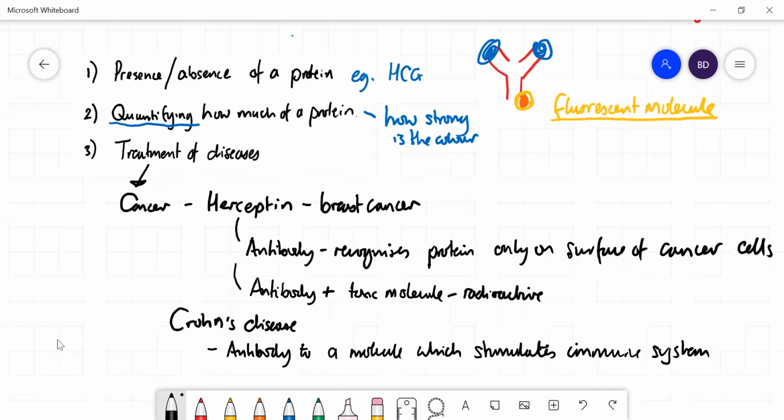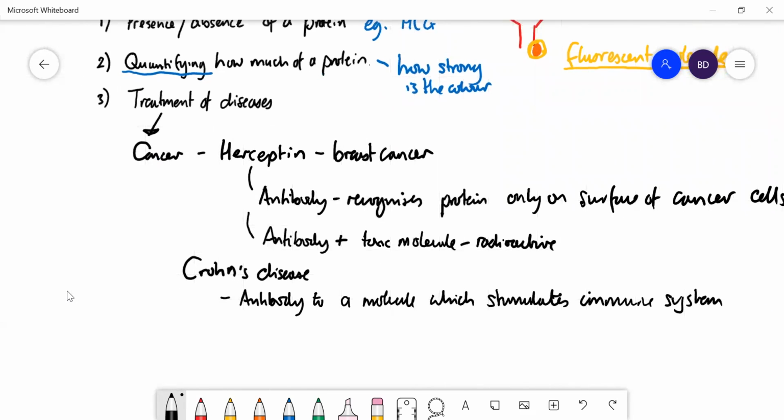And finally, there's another use for them, where they've been used in research, where you can add them to microscope slides. So you add antibodies to the microscope slide. You've got a slice of some tissue, for example, if you had a bit of the pancreas, and you want to see where is insulin made, so you make antibodies to insulin.